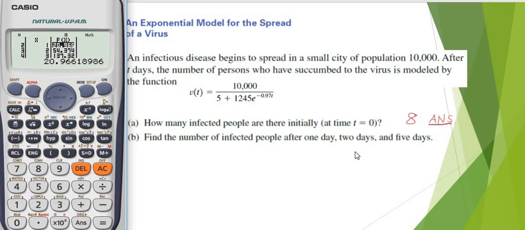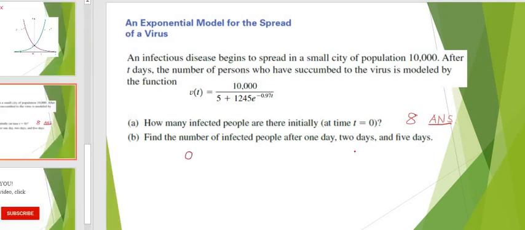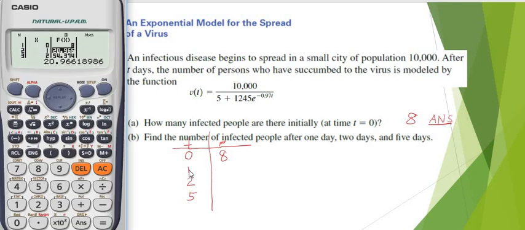So, for time 0, 1, 2, and 5, the number of infected people would be 8 initially.